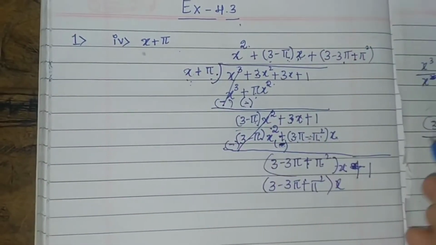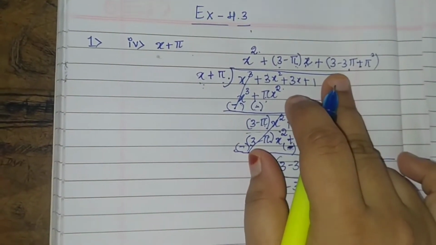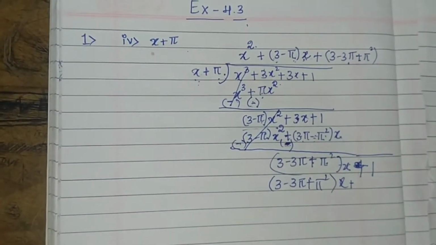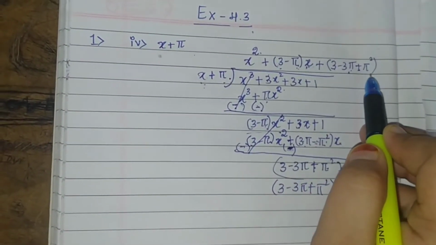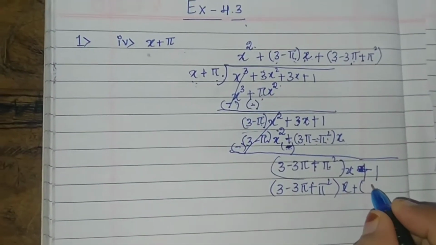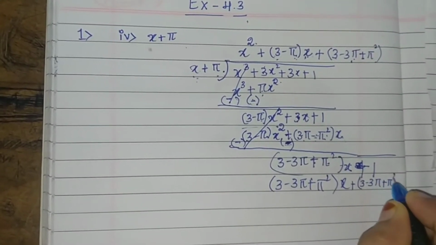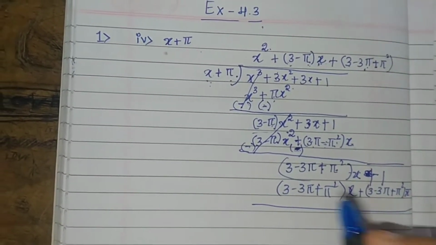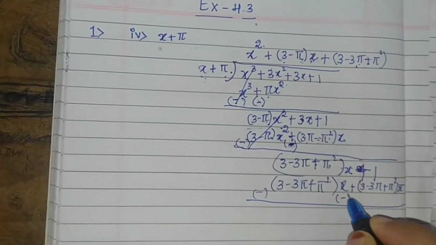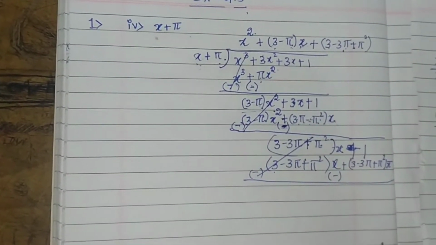Same thing you are going to get, isn't it? So after that plus, so now here you can see when you multiply this, what are you going to get? 3 minus 3 pi plus pi square into pi. Okay, when you change the sign, you can cancel this term.